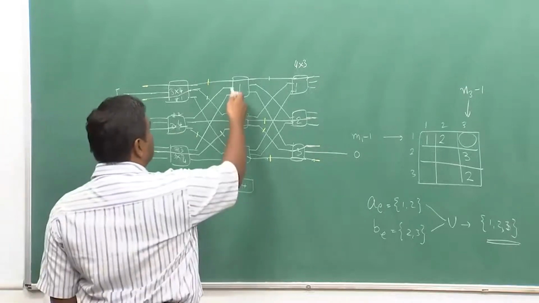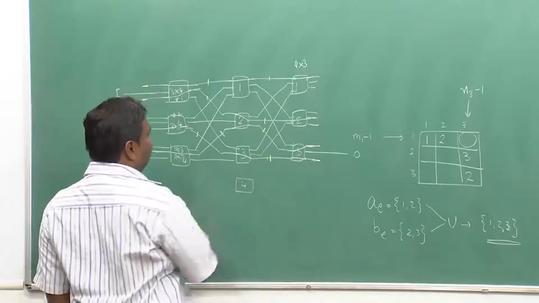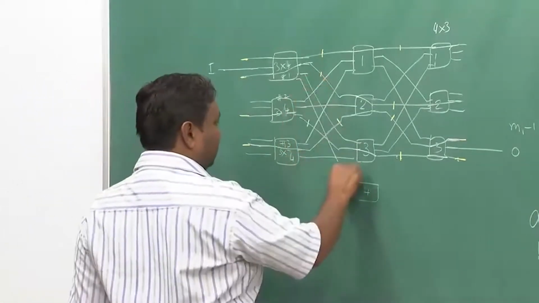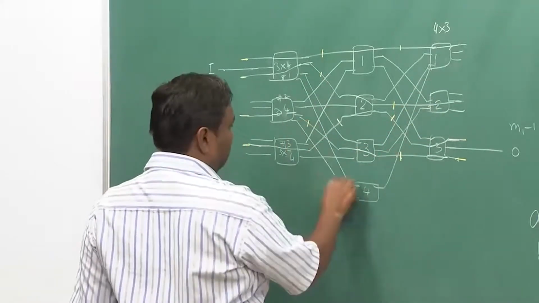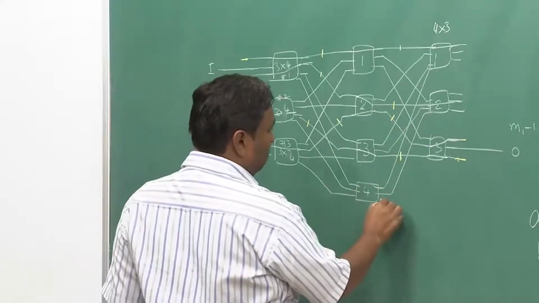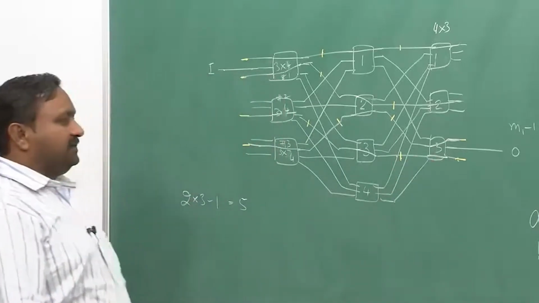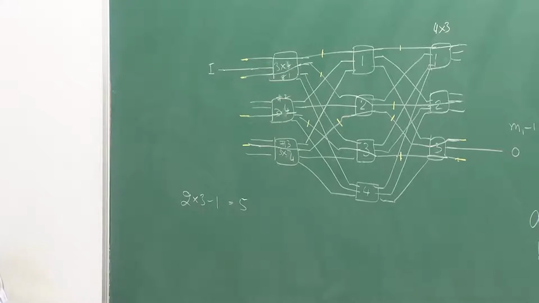Intermediate switches will still be 3 by 3. So, this will also be 3 by 3, but there will be 4 elements now. So, I have to now connect from here in this fashion. Now, can I still create a blocking system here or not?